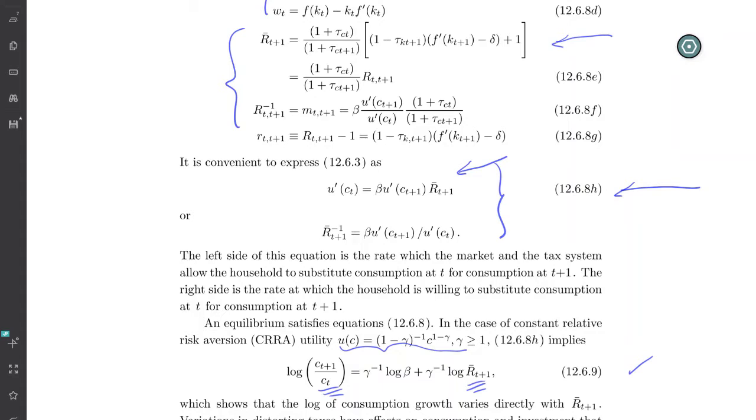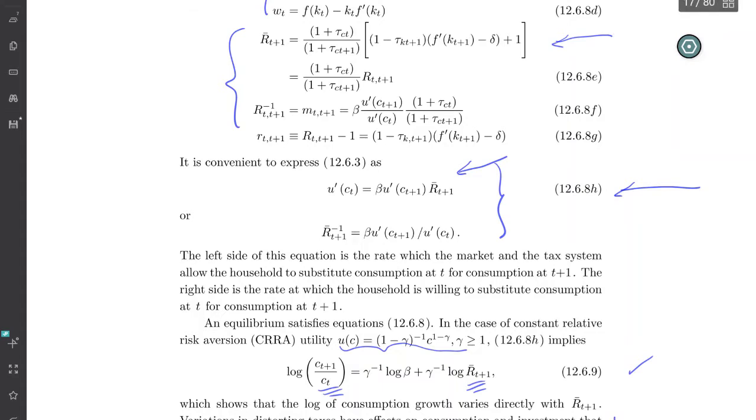So this is another version of our equation that tightly links consumption growth to rates of return, and we're going to use that.